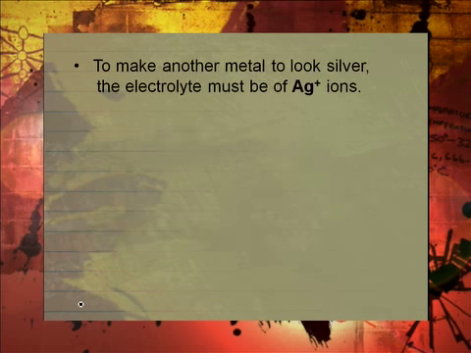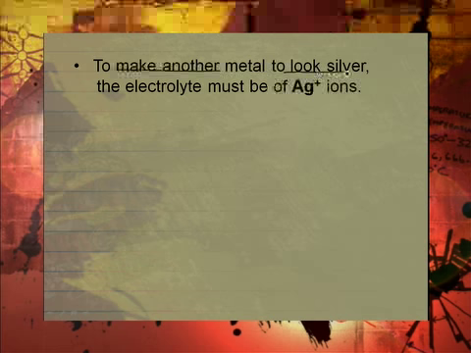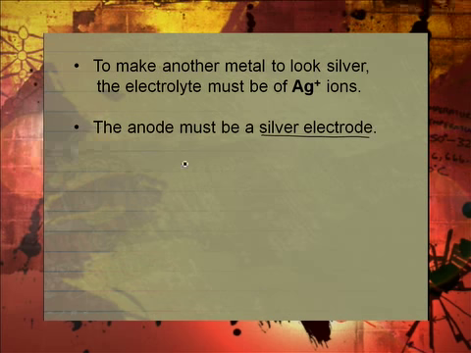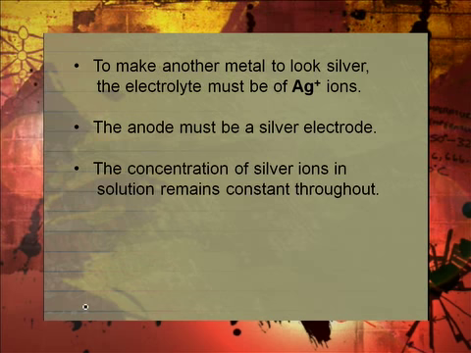Okay, next, now we're becoming specific. If you want to make one metal look silver, the electrolyte must be of silver ions, and the anode must also be of silver. In other words, that electrode must be made of silver as well. Okay, we'll explain this.